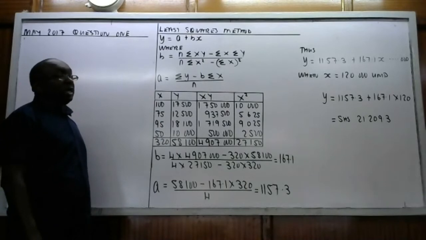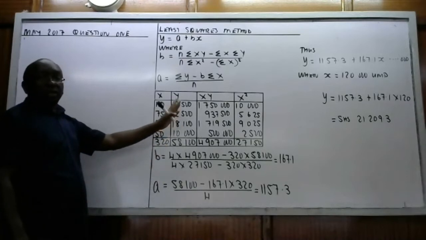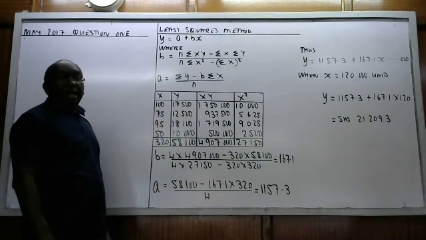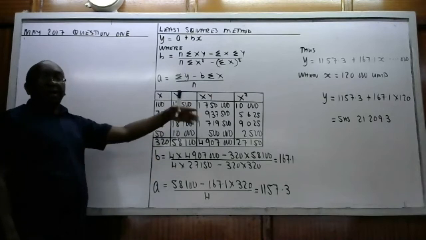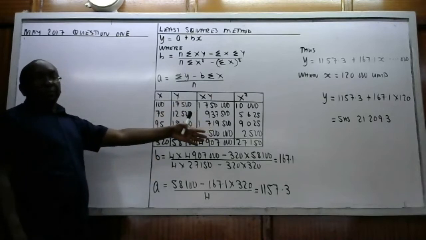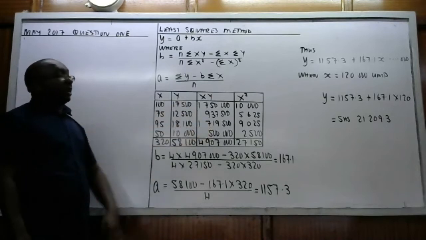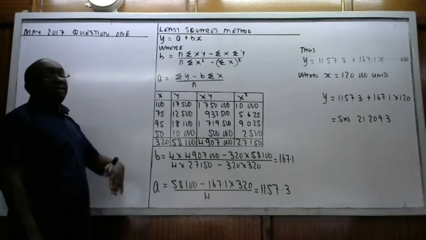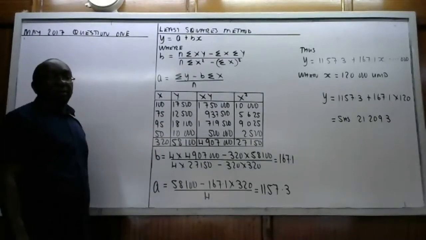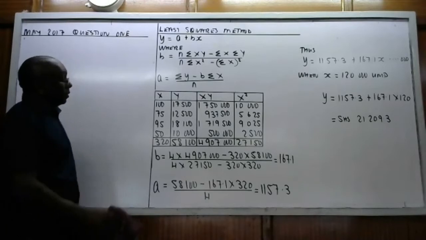So many things can be given as so many things. What is important is to know who is your X and who is your Y. And X is the one that makes the other one change. You can find it in very many ways.